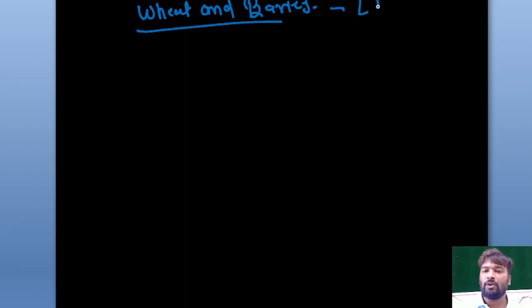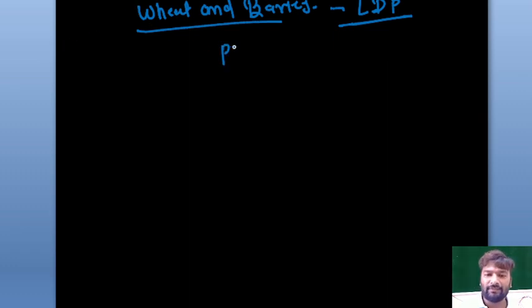Now there will also be photoperiodic regulation in wheat and barley. These are long day plants. Earlier we discussed Arabidopsis, a model plant.